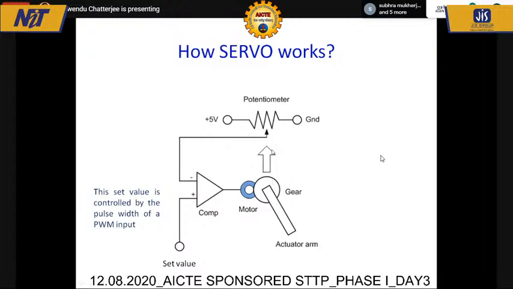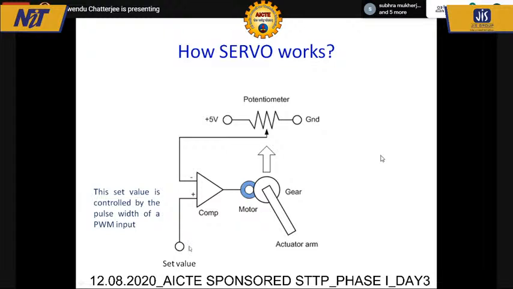The motor will rotate in such a direction that the comparator gets the same 4 volts. This is 5 volt, this is ground. So somewhere near this point it will achieve the 4 volts, and when these two values are equal, the motor will stop rotation. That means at that particular angle, the system will stop.